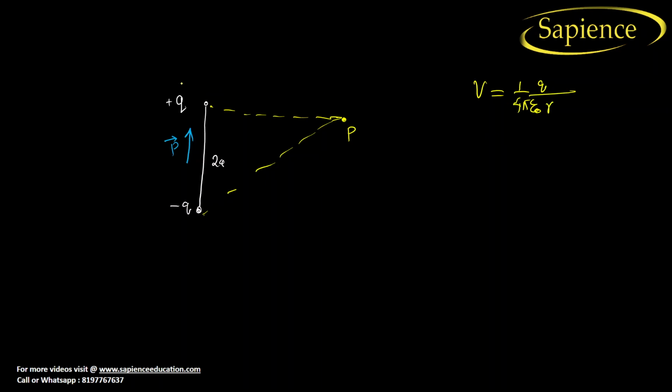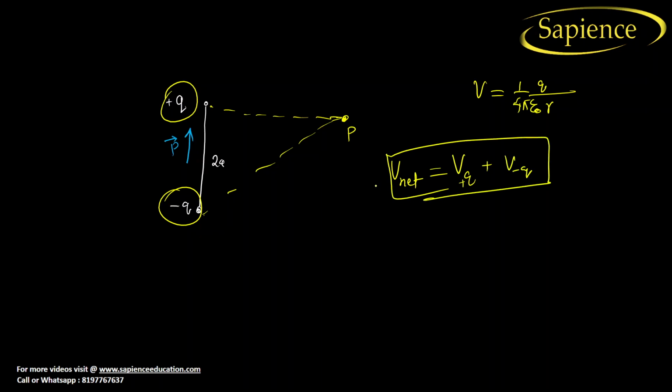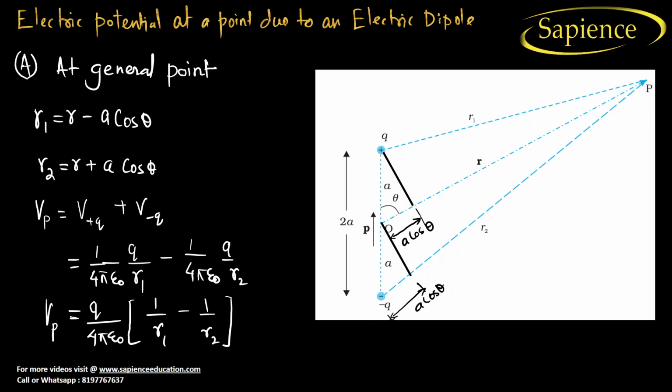Here we have both charges. Due to both charges, the total net potential will be the potential due to the plus charge plus the potential due to the minus charge. Using this we will get the net potential at point P. Okay, so this is the topic, and we will discuss this here.